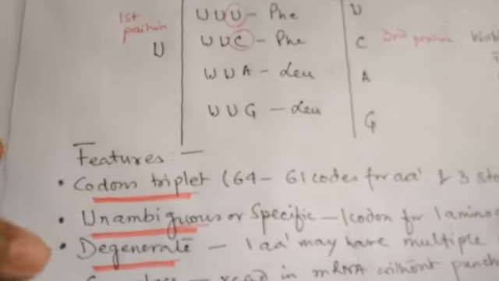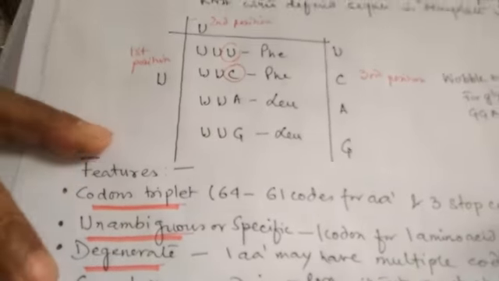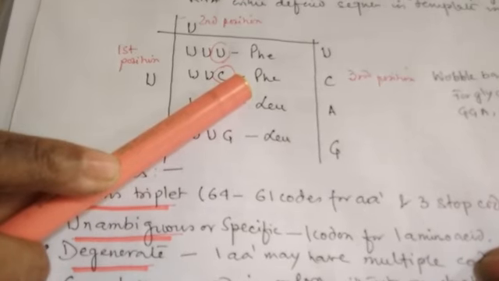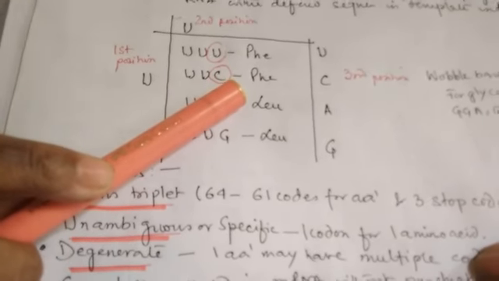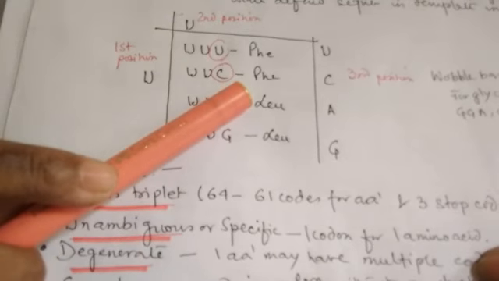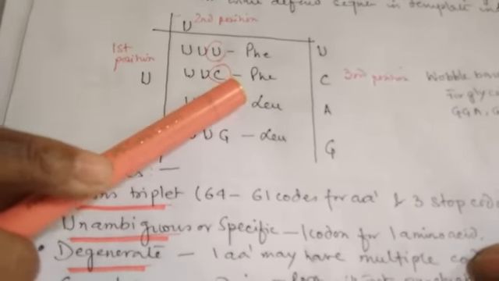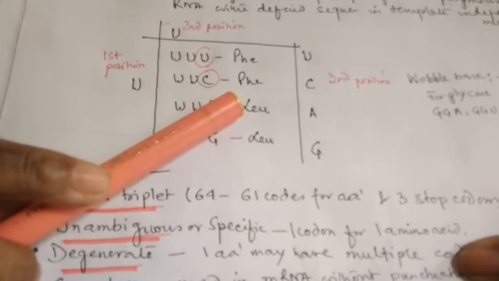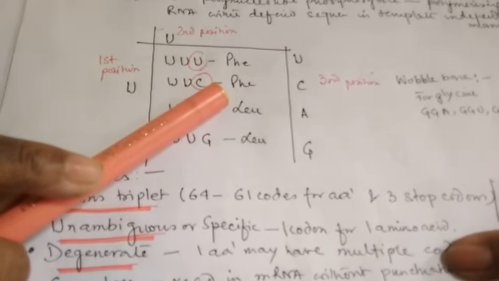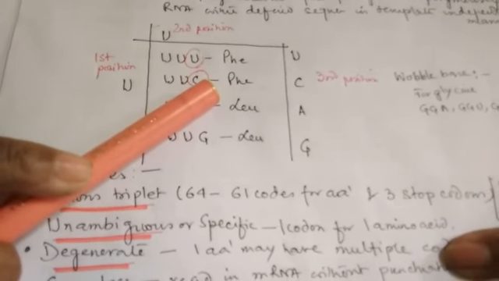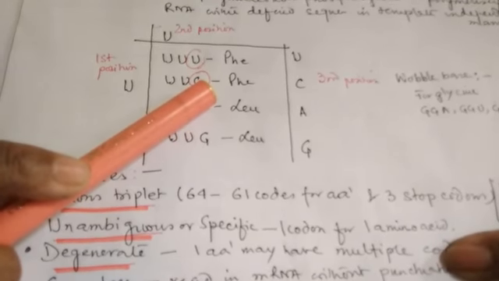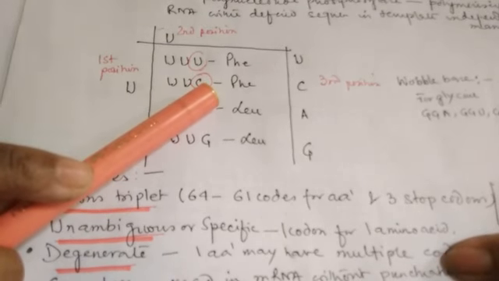Another thing I want to discuss here is the significance of the third nitrogen base in the codon. It is called the wobble base, and it was proposed by Crick. He states that the tRNA anticodon can wobble at its 5' end by pairing with a non-complementary base of the mRNA codon.